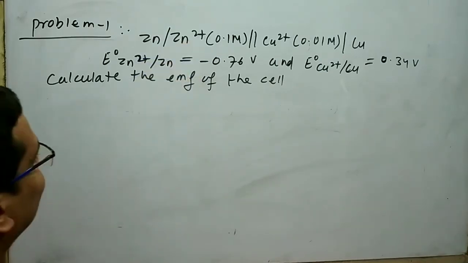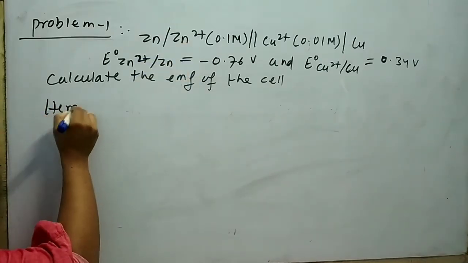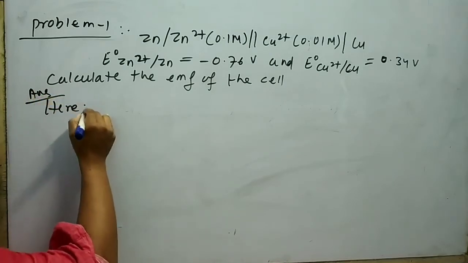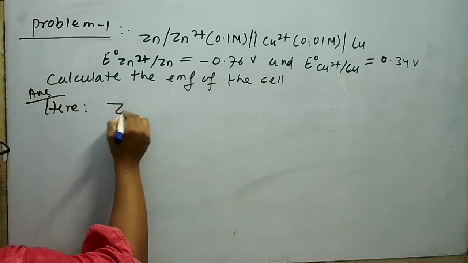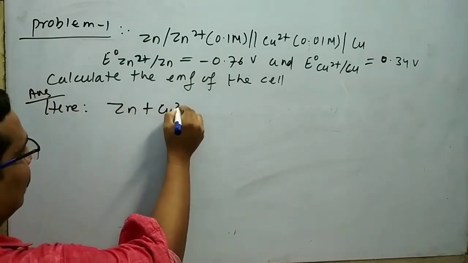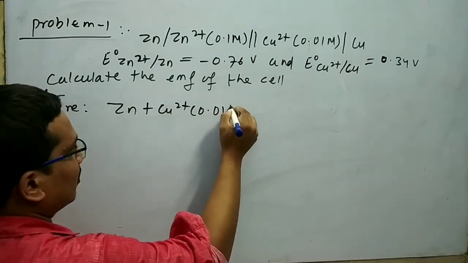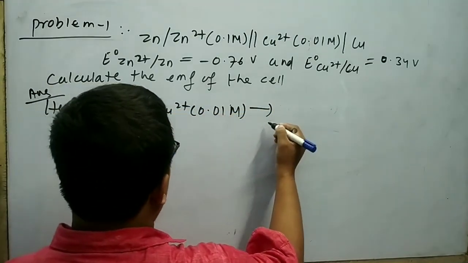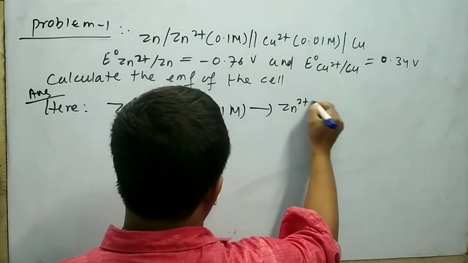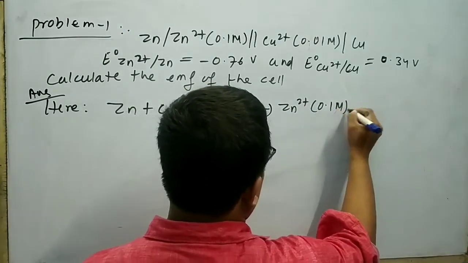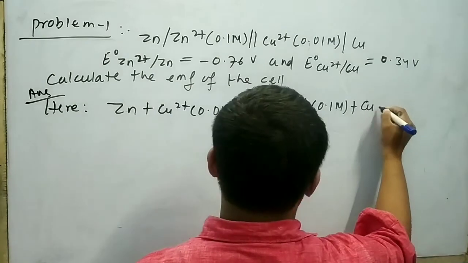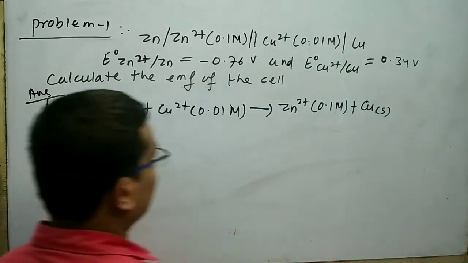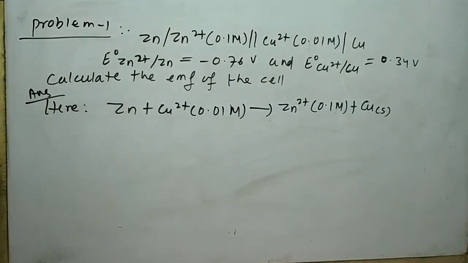With the help of this cell representation, I can write the cell reaction like this: Zn plus Cu2+ gives Zn2+ plus Cu solid. This is your cell reaction.